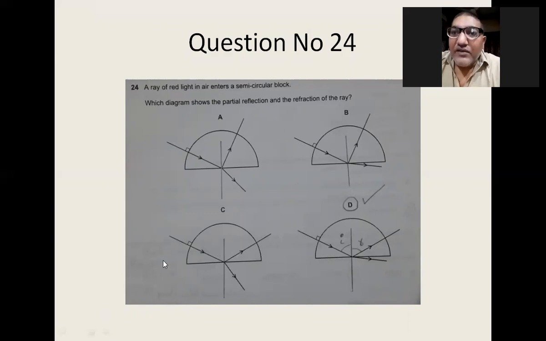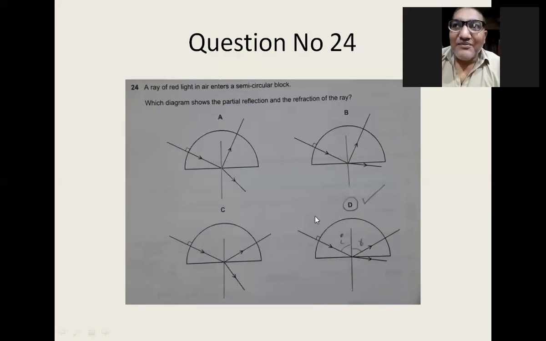But there we have a problem. The light is entering from a dense medium into a rare medium. When the light emerges from the glass into the air, the light is supposed to bend away from the normal. But here you can see it has bent towards the normal. So C is wrong.